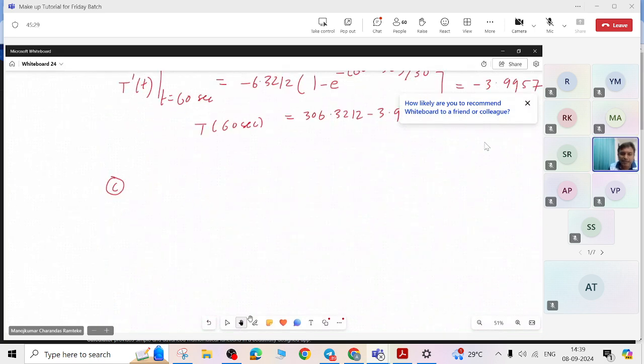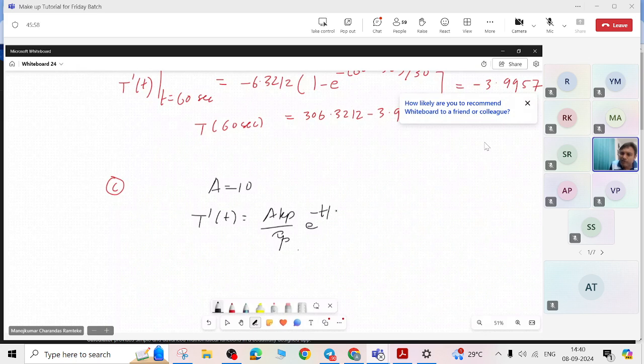In part C, the expression will be for an impulse input. If an impulse input of magnitude A equals to 10 is given, then what is the response for the impulse input? T dash T will be given as A Kp by tau P e raised to the power minus t by tau P. This is the expression we are getting.